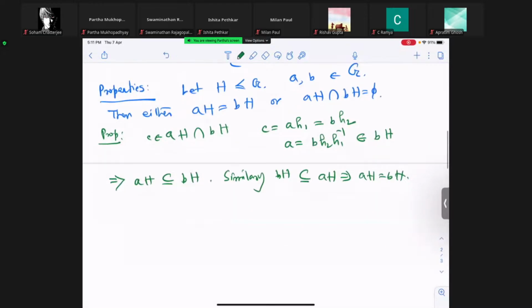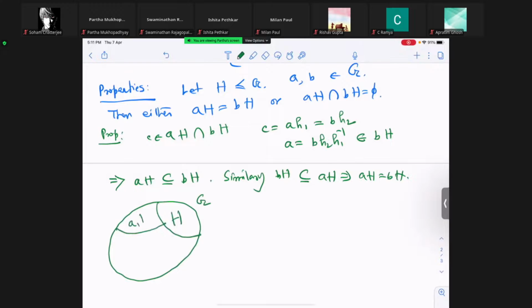And for doing combinatorics, the most important picture that we keep in mind is that there is a group G and there is a subgroup H, and these are its cosets. This picture is very useful.